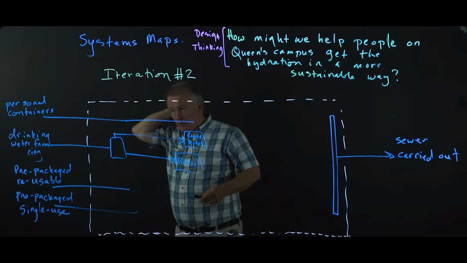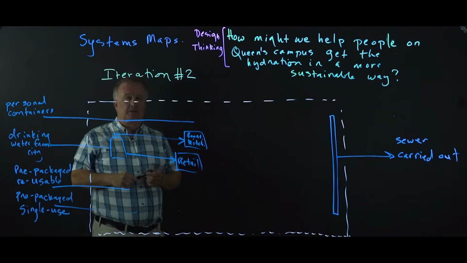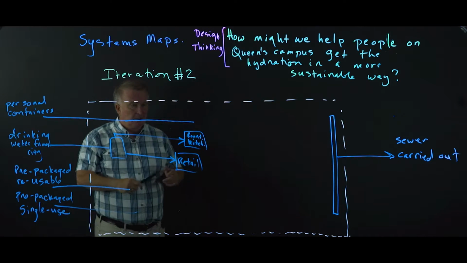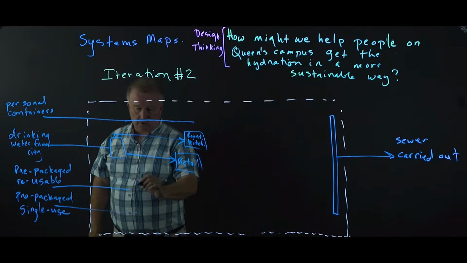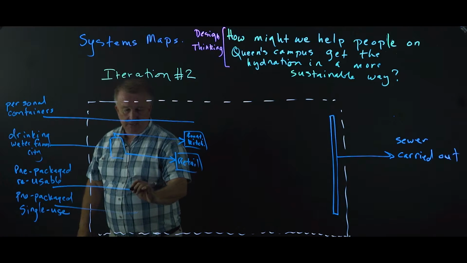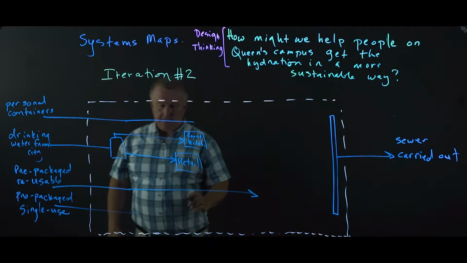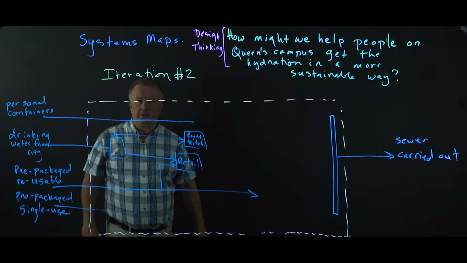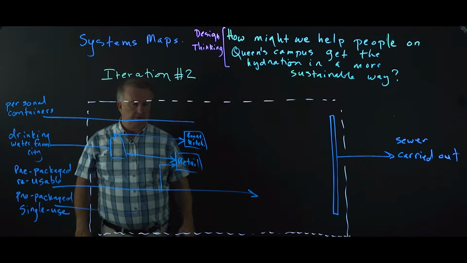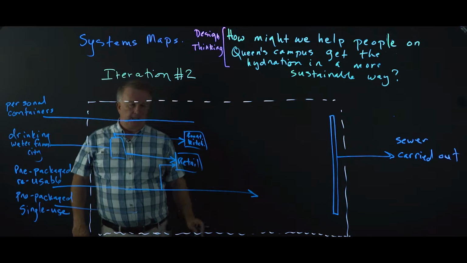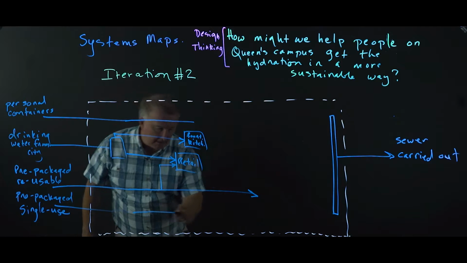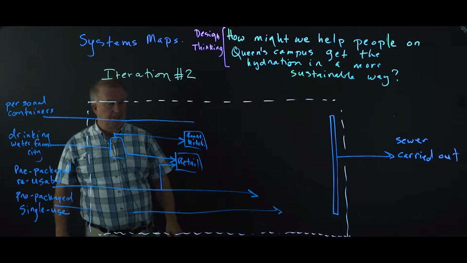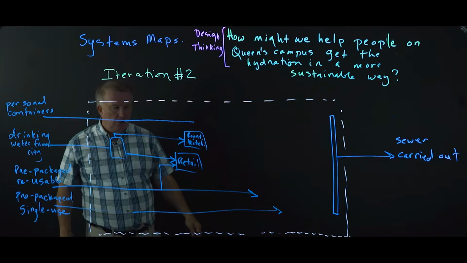Okay. Now, prepackaged reusable, how do I get those? Well, people might bring them to campus, okay, but the majority of those, I would argue, so we could have a stream that goes forward like that, but the majority are probably available through retail, okay? And again, people might bring prepackaged single-use containers on campus and then off, okay?